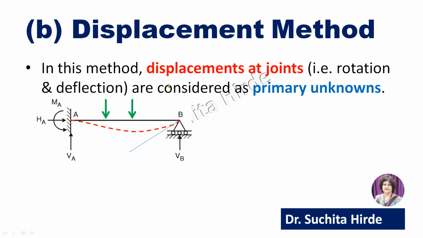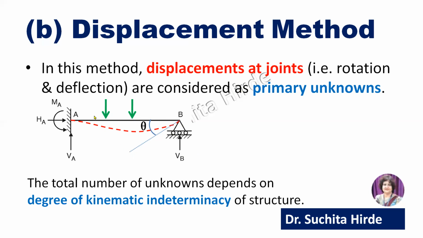So the method in which displacements at joints are considered as primary unknown, such methods are called displacement method. So in displacement method, thetas and deltas are taken as primary unknown.